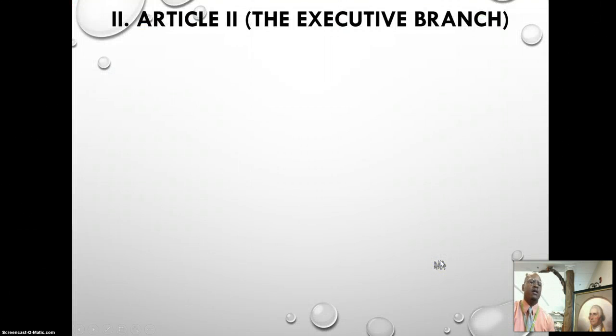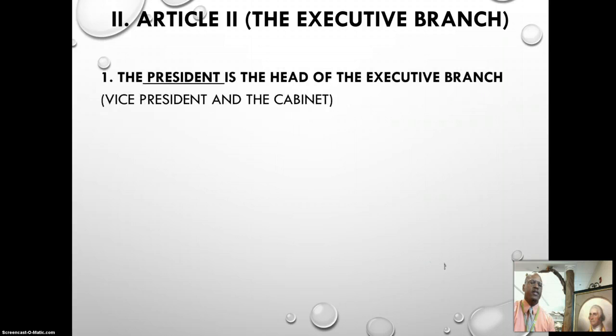Our second article deals with the executive branch. Our executive branch is made up of our president, and also the vice president. And within this, which we don't think about a lot, are the cabinet members. So you might have someone who's over the education department for our nation, or someone who's over agriculture. These are different cabinet members that might be part of the president's executive branch.